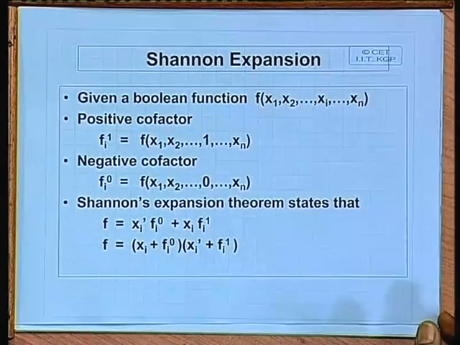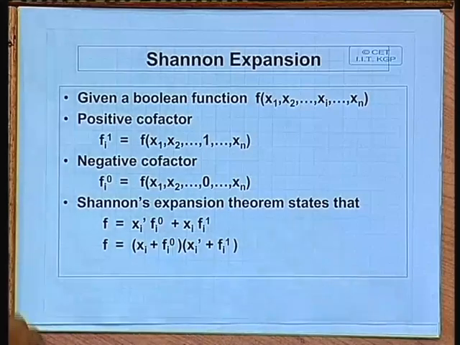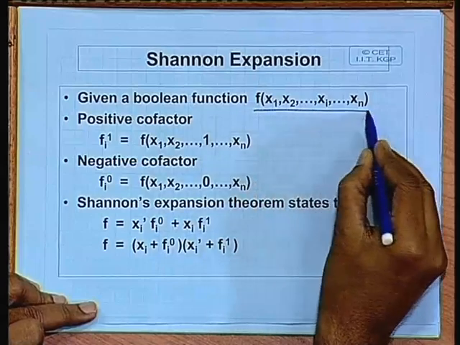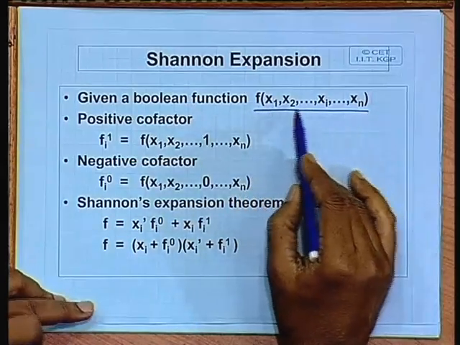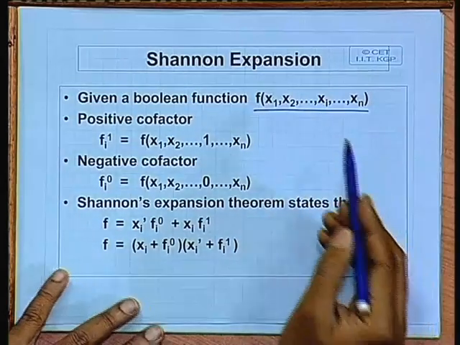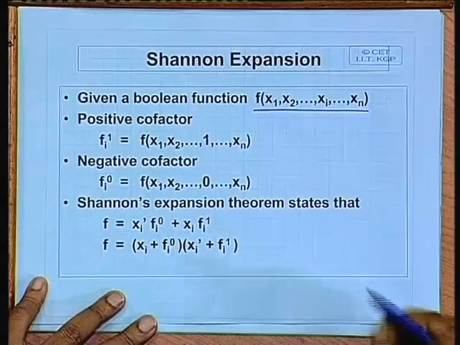So, Shannon expansion for a function, well, the definition can be given like this. Suppose we have an n variable Boolean function f. f is a function of x1, x2 through xn, where xi is an input variable. Now, we define positive and negative cofactors as follows.